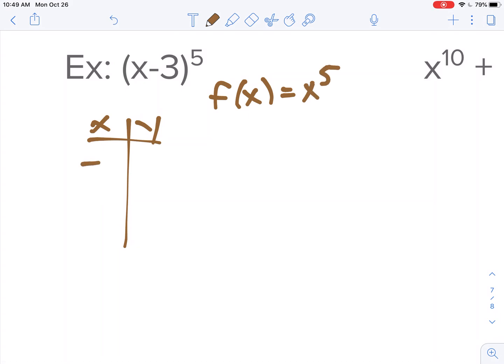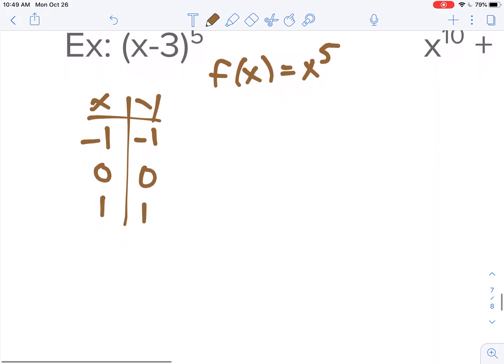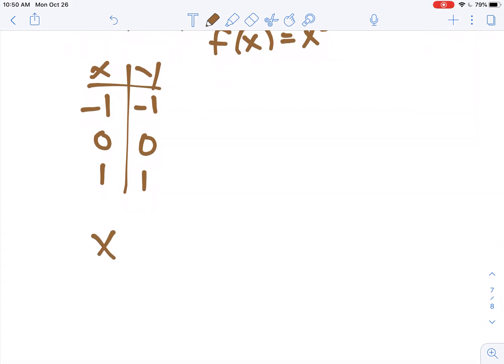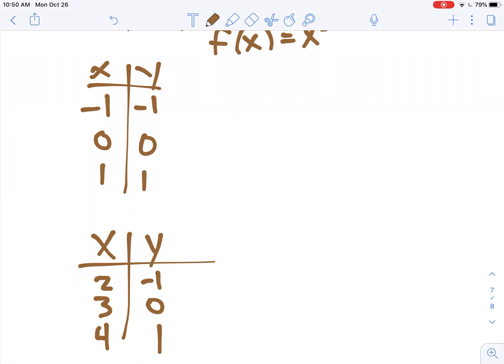Well, I know that my table of values for x to the 5th is going to look like this: -1, -1, 0, 0, 1, 1. So if I shift everything to the left or to the right by 3, I'm adding 3 to all my x values. Well, now my table of values is just 2, -1, 3, 0, and 4, 1.